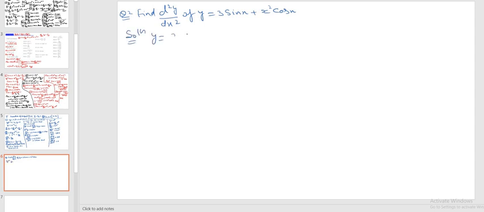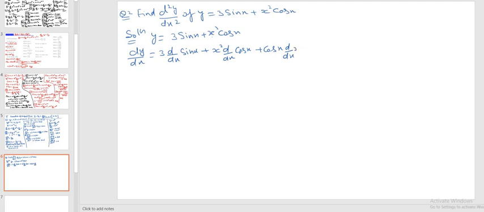So y is equal to 3 sin x plus x² cos x. First time differentiation: dy/dx is equal to 3 d/dx of sin x plus this product. So u into d/dx of v plus v into d/dx of u.